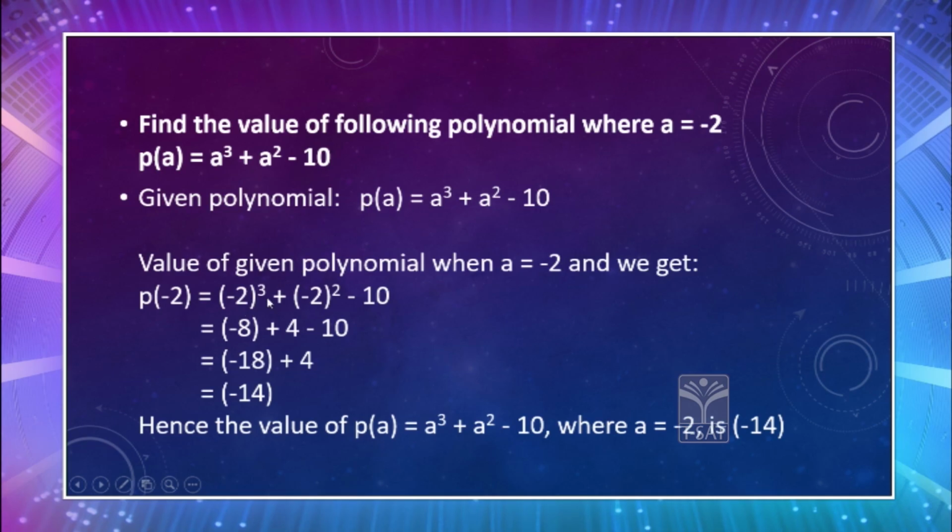So, minus 2 whole cube plus minus 2 whole square minus 10. Minus 2 whole cube is minus 8, minus 2 whole square is 4, minus 10. Here, minus 8 minus 10, you add the negative values first, which is minus 18, plus 4. So, minus 18 plus 4 is minus 14.